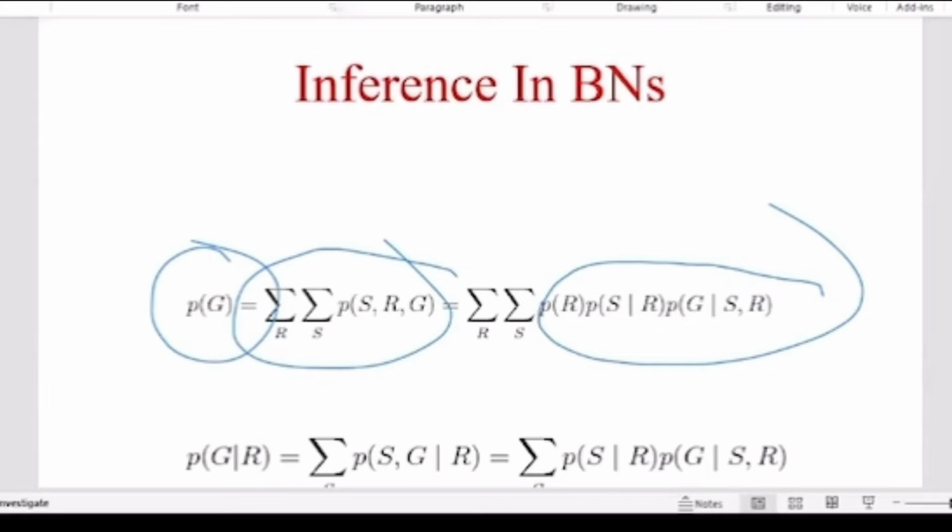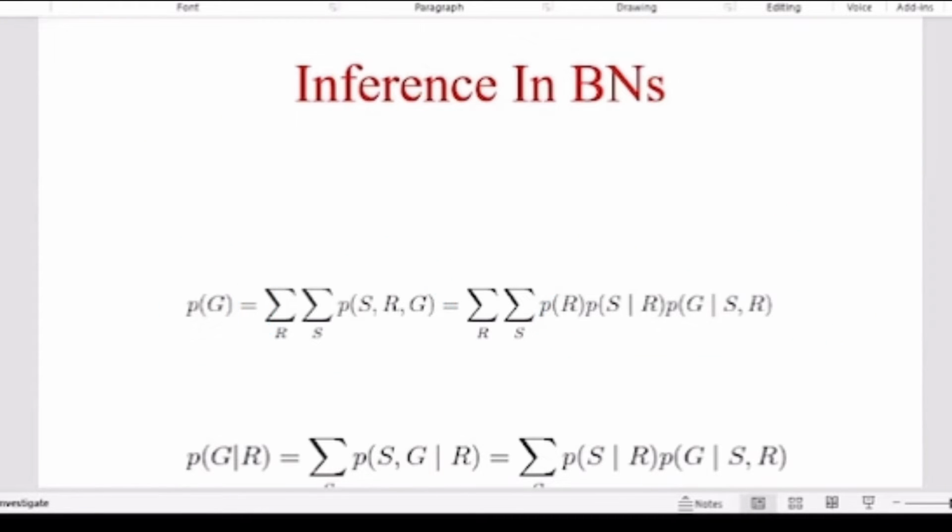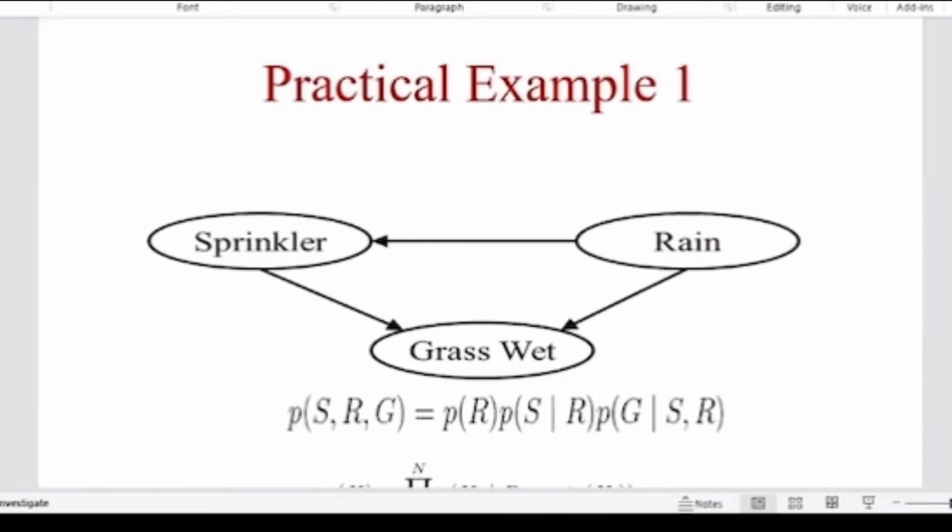Let me tell you this. Why do we need a probabilistic graphical model? Because we want to answer probability questions using the graphical structure. Now, some of you may be wondering, how do we get the graphical structure?